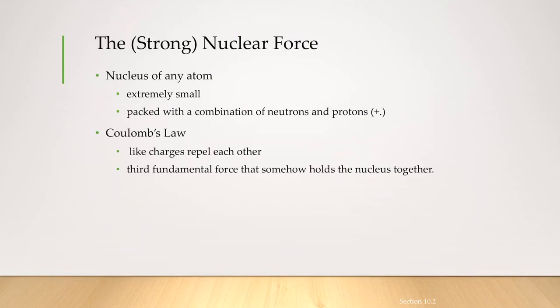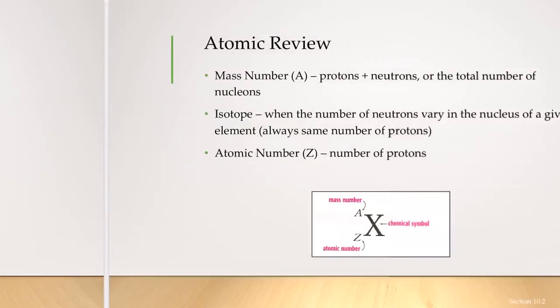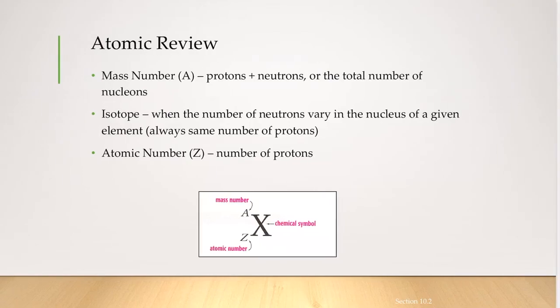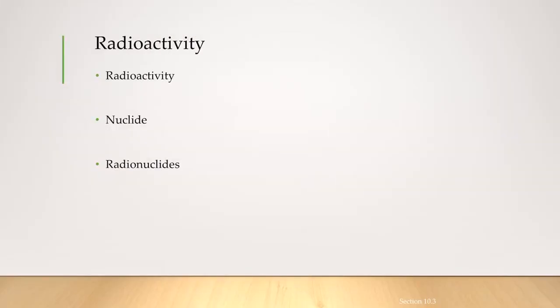But that's not what happens with atoms. There must exist a third fundamental force that somehow holds the nucleus together. And this third fundamental force is actually electrons. The electrons are around the nucleus, making the atom as a whole neutral. This slide is something that we have already talked about.